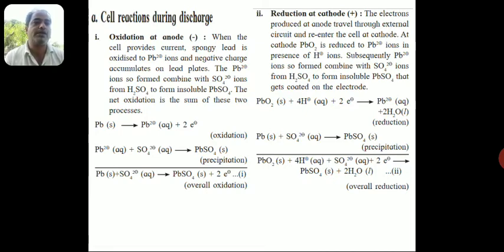That means in the reduction at the cathode, the final product is again PbSO4 as well as water. So this is the reduction reaction. In the oxidation also there is a formation of PbSO4. In the reduction also there is a formation of PbSO4 plus H2O.